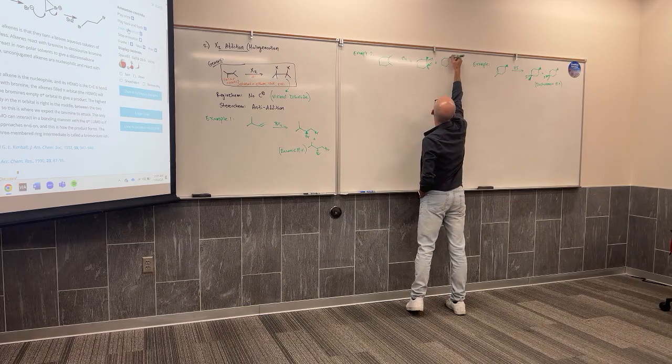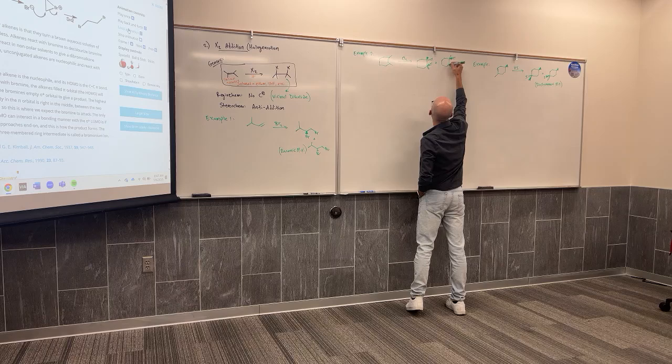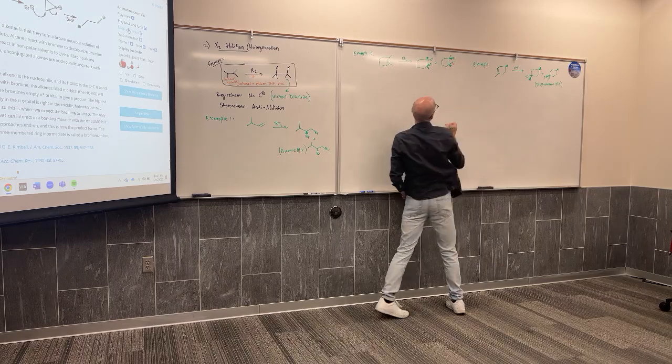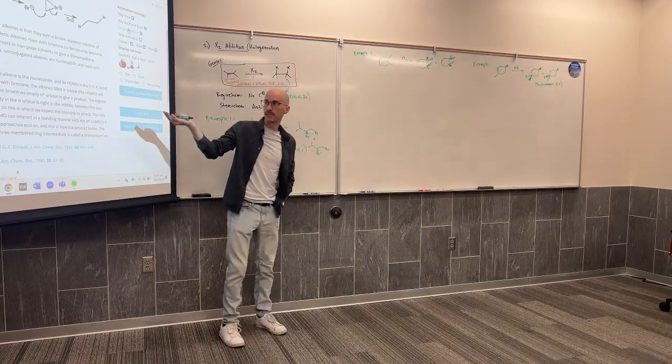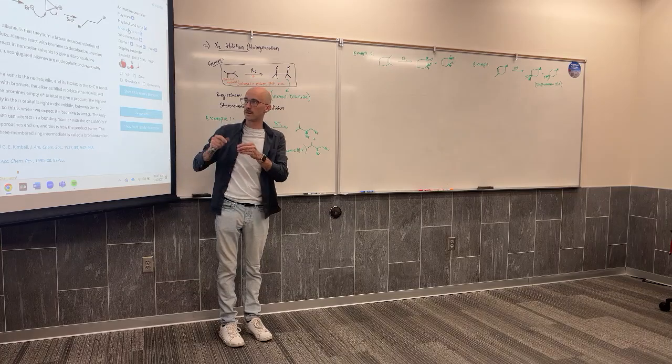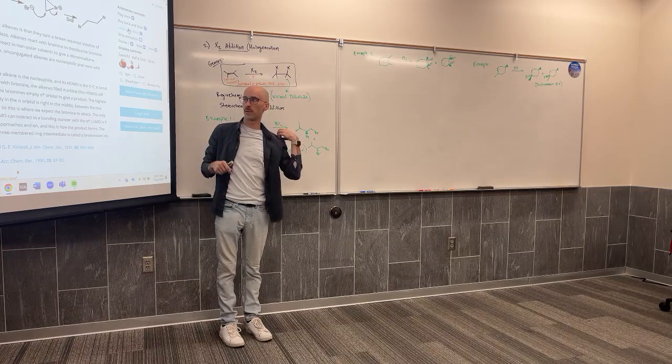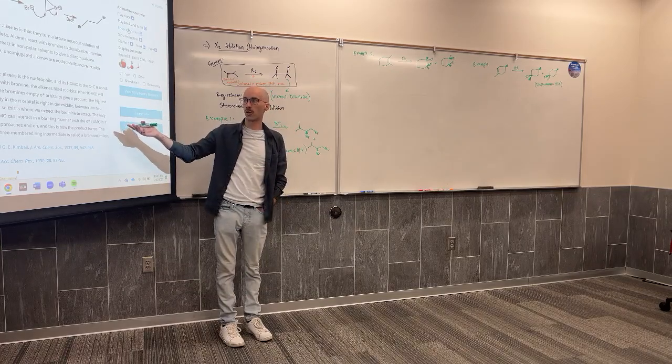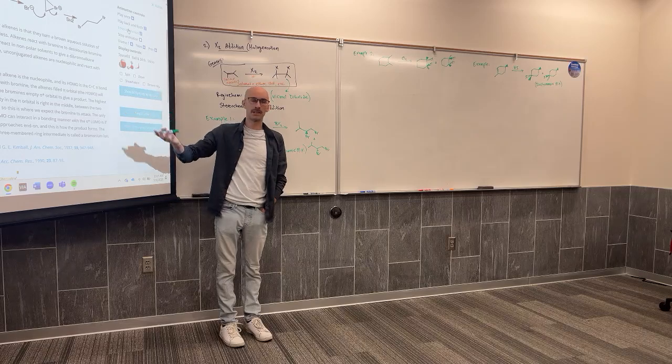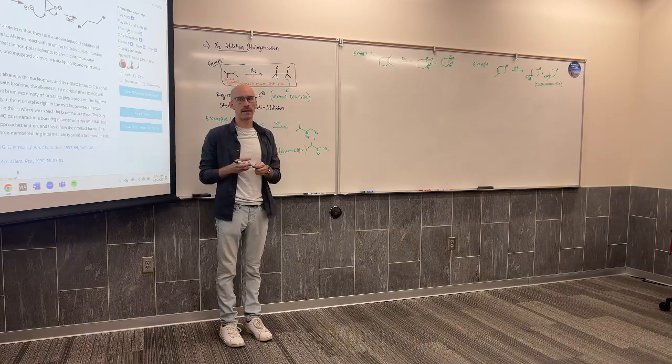And if the chlorine on top adds wedged, then the chlorine on bottom adds dashed. And this is actually demonstrated by this step in the mechanism, where the second halogen bonds to a carbon directly opposite wherever the first halogen was bonded.